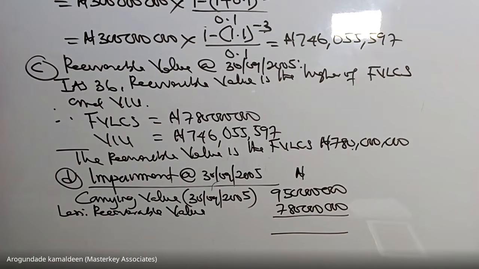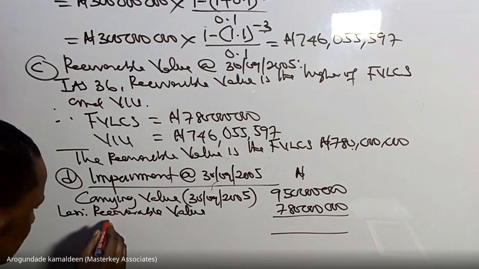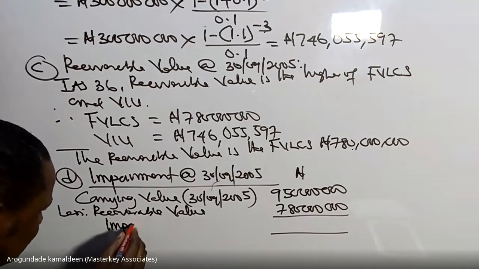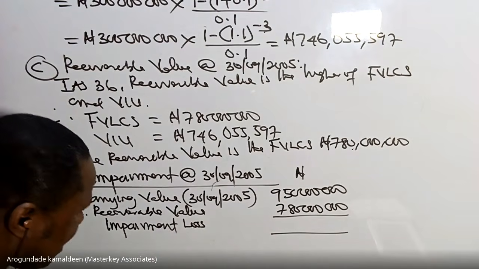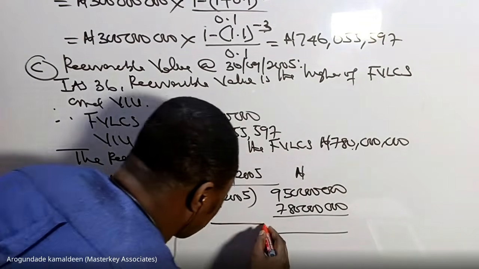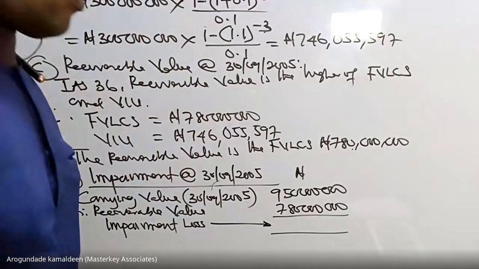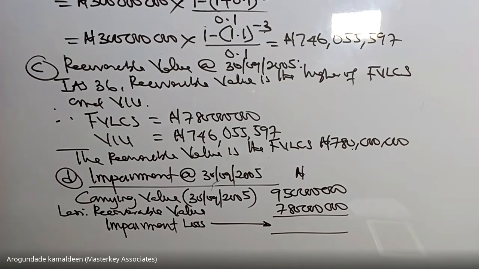It's 780. So what do we have there as an impairment loss? 170.